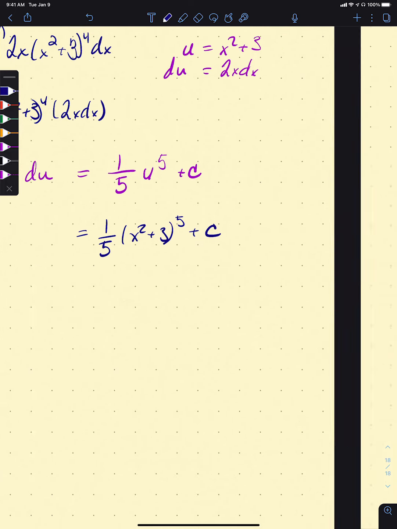But let's look at something that has a little bit more meat to it. What about the antiderivative of 3 times the square root of 3x plus 1 dx? Since we're composing a 3x plus 1 into a square root, it would only seem natural for us to let u be 3x plus 1.